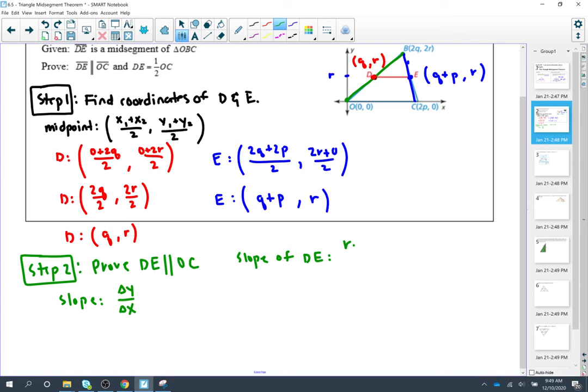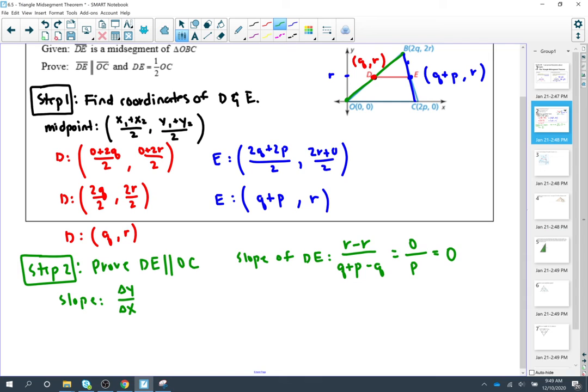So r minus r over the change in x, which is q plus p minus q. So r minus r is 0. Q plus p minus q is p, but if we take 0 divided by p, our slope is 0.